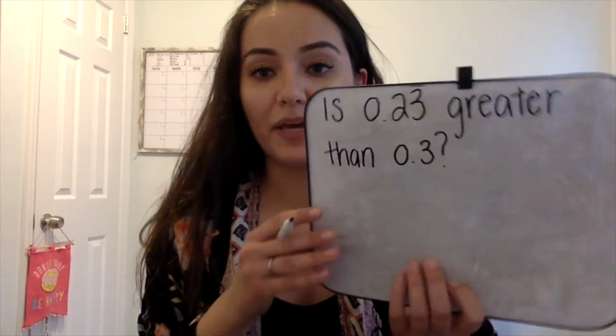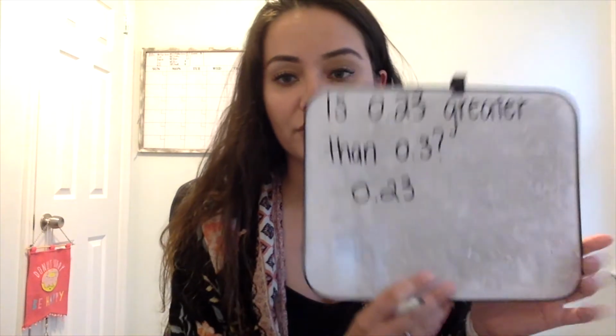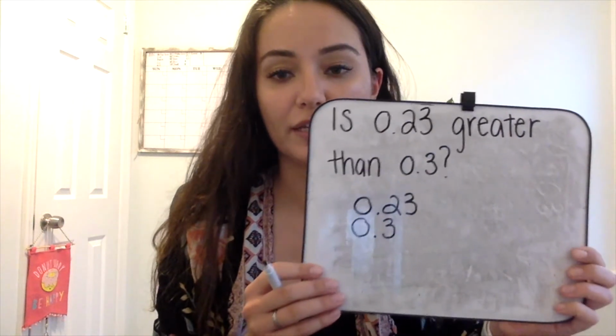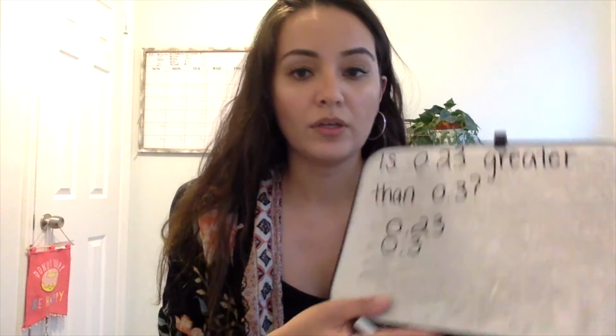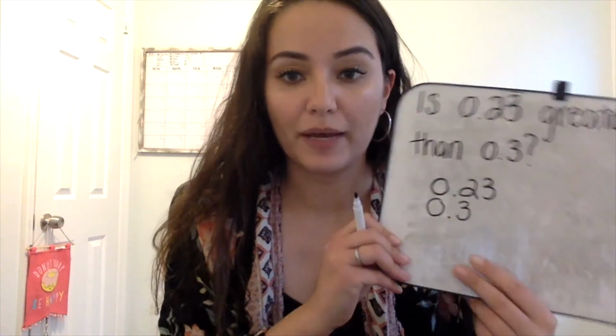Okay, so just to refresh your memory a little bit, usually when we compare decimals, I like to stack them one on top of the other, okay? So I'm going to do 23 hundredths, and right underneath, because remember the decimals have to be lined up, I'm going to put 3/10. So now, we go place value by place value.